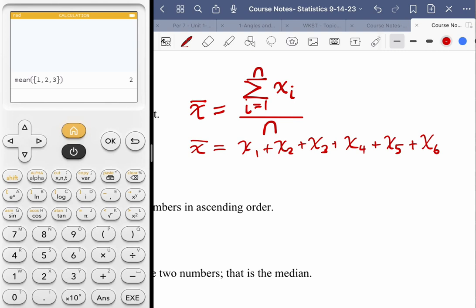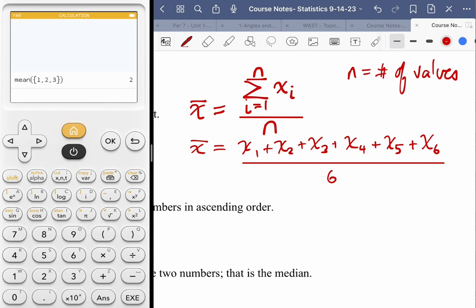And we stop at 6 because that's the last value. And then we take that, whatever that result is, and divide it by n, which is the number of values in the set. N equals number of values. All right. And in this case, it's 6.